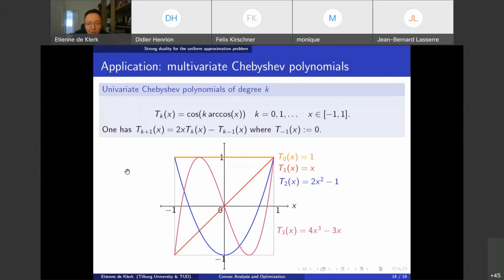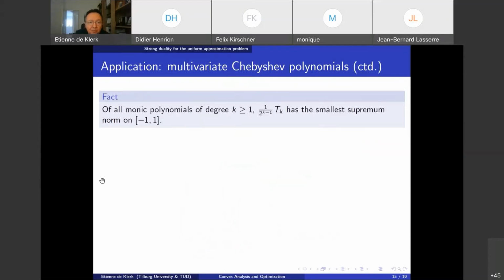But I want to just remind you of one specific property, and that's quite interesting. Of all monic polynomials of degree k greater than 1, this Chebyshev polynomial, where we just make it monic by dividing by the right number, has the smallest supremum norm on [-1, 1].